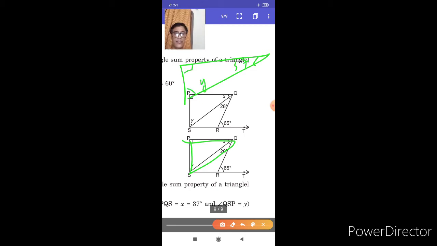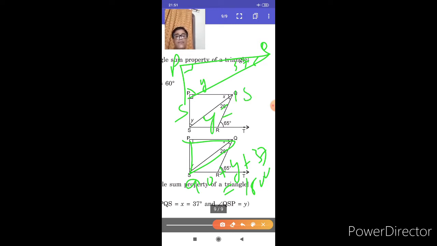So in triangle PQS, by the angle sum property, angle P plus y plus 37 is equal to 180 degrees, where the value of angle P is 90. So 90 plus y plus 37 equals 180 degrees. So y equals 180 minus (90 plus 37), that is 127, which gives 53 degrees.